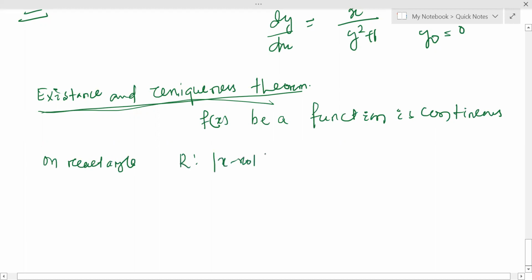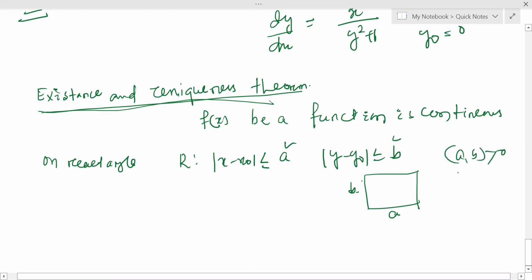|x − x0| ≤ a and |y − y0| ≤ b, and this is the rectangular shape. This is length a and this is length b, for all a, b positive. This is the first condition for existence.